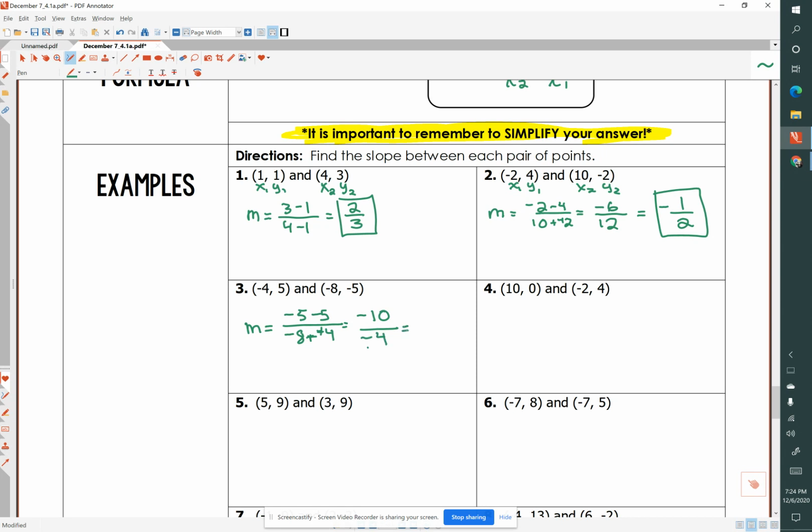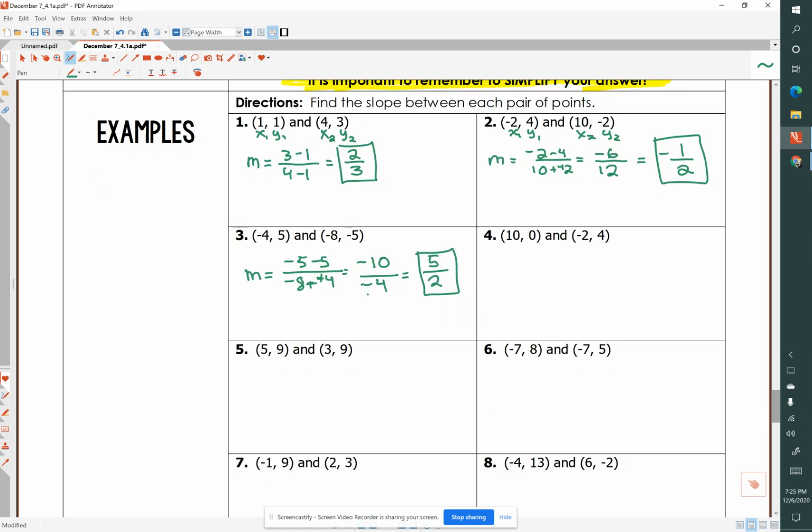Negative divided by a negative is positive, so this is going to end up positive, and we simplify 10 and 4 are both divisible by 2, so that would be 5/2. Number 4, why don't you try 4, 5, and 6 on your own, and then come back.